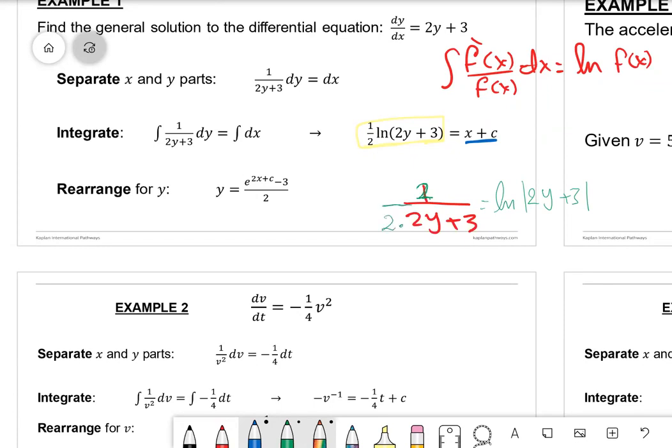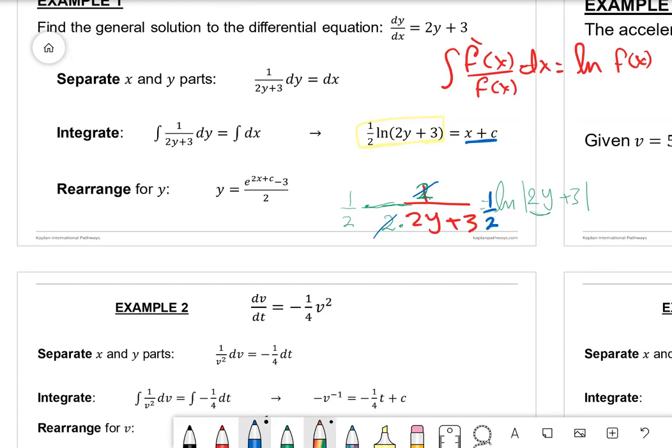Then in that case, we can say it is ln 2y plus 3, and then we divide by the derivative of the inside, which is 2, yeah? So that means multiplied by 1/2. And then when we simplify, this 2 goes with this 2, and we end up with 1/2 ln 2y plus 3.